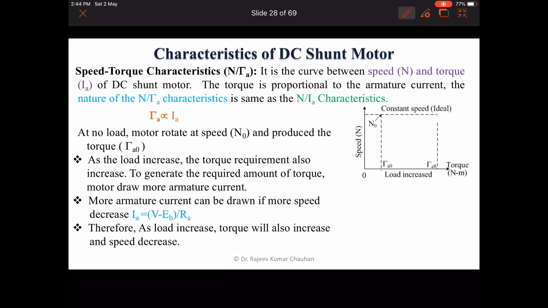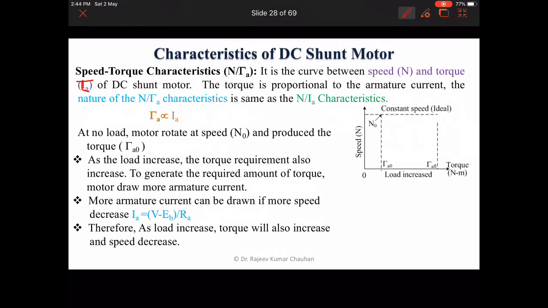The next characteristic of a DC shunt motor is the speed-torque characteristic. It is the curve between speed and torque, N versus tau A, of a DC shunt motor.